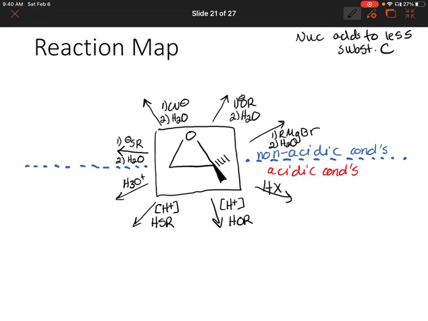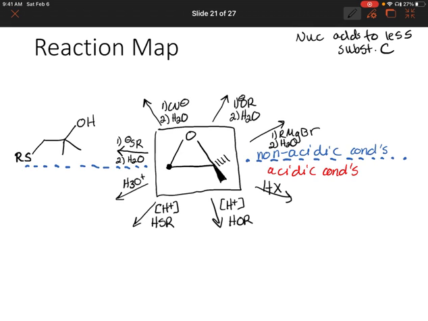So looking at our first set of reagents, SR minus and H2O, the SR minus nucleophile would attack the less substituted carbon. So that is the one on the left. And we'll just say that we also protonated the oxygen at the end. And then don't forget those two methyl groups on the more substituted carbon.